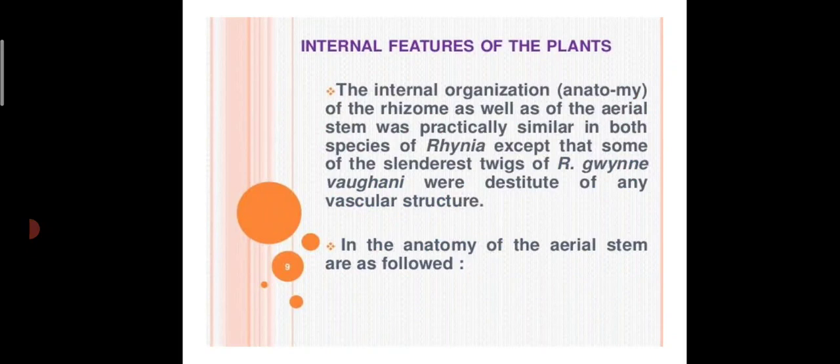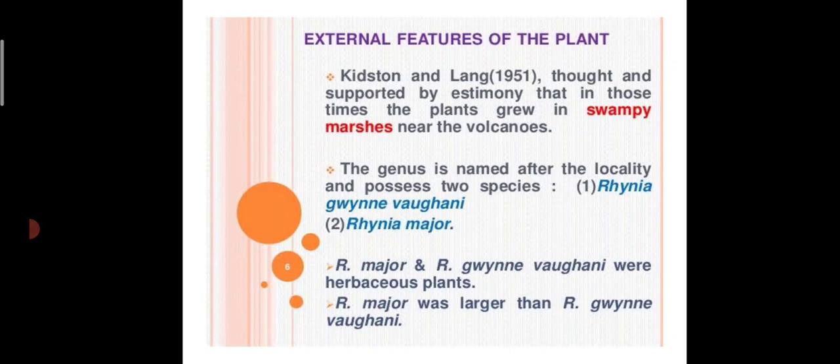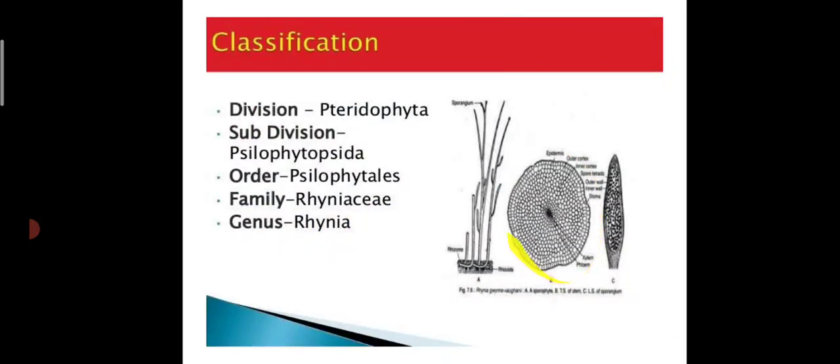Regarding the internal structure of the stem, the aerial shoot has a very simple internal organization. It has an outer epidermis, and it has stomata also in between the epidermal cells. Then comes the cortex, differentiated into inner and outer cortex.